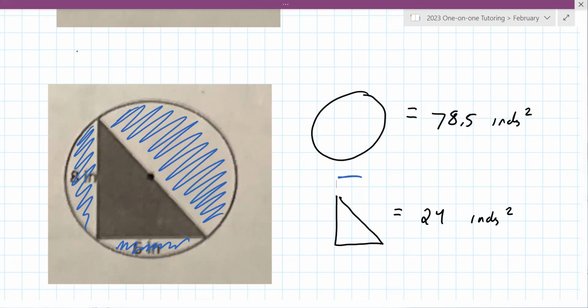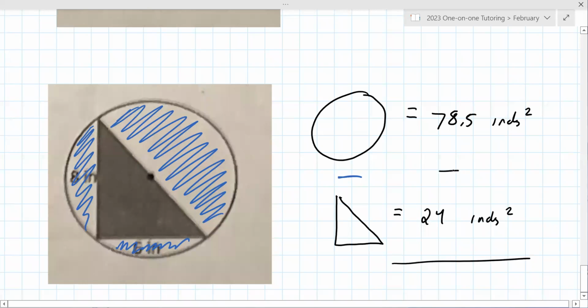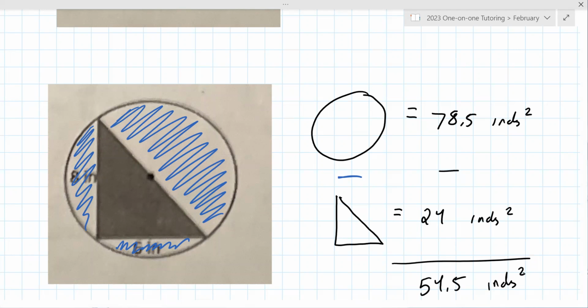So just subtract the two numbers. 78.5 minus 24 is 54.5. What are the units? 54.5 inches squared. Yes.